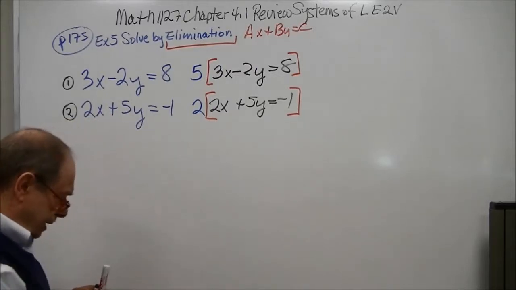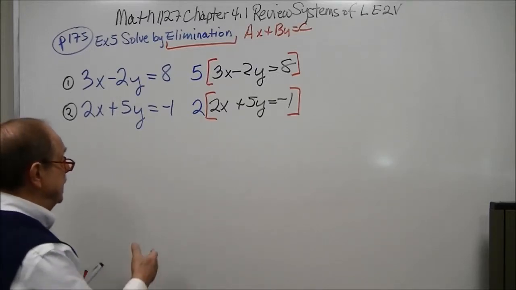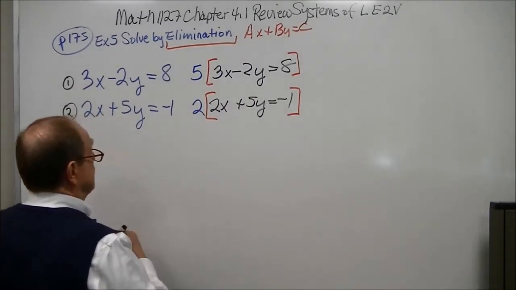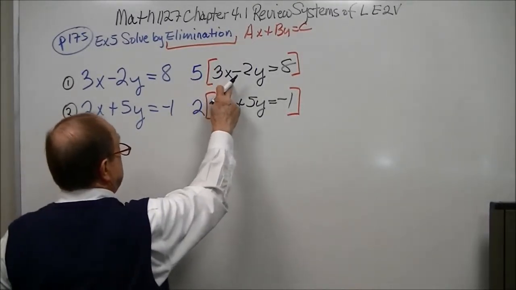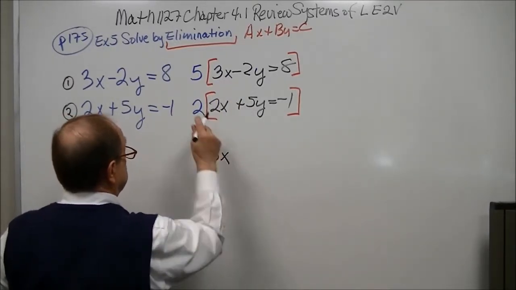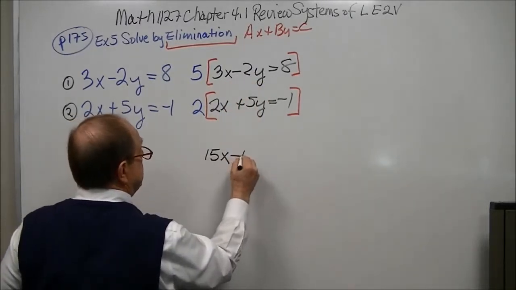Now notice, they're going to be different equations, but they're still going to be equivalent. And I'll put them down here. So 5 times 3x is 15x. 5 times a negative 2y is a negative 10y.